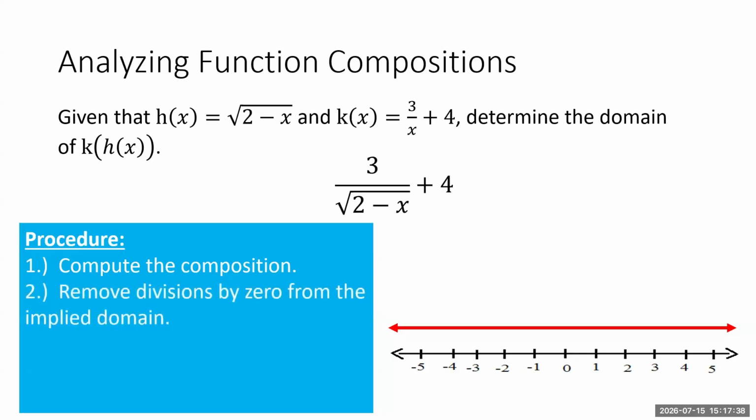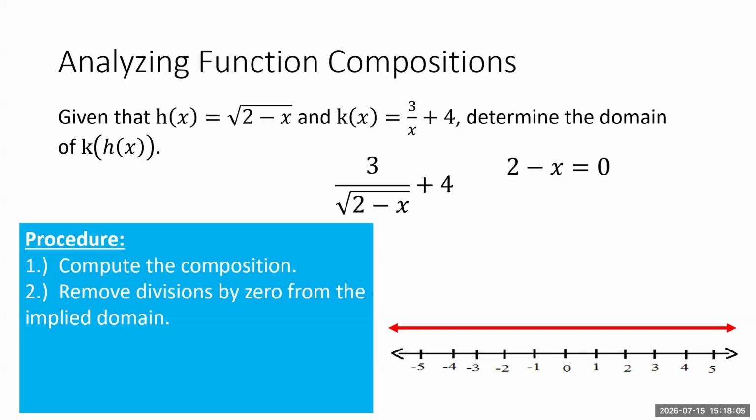Now that we have the composition, we will find its domain. The second step of our procedure is to remove divisions by 0 from the implied domain. In order to do that, we will consider the denominator, and in particular, only the portion under the square root, as the square root does not change the possibility of the 0 in the division. So we are really setting out to solve the equation 2 minus x equals 0 and remove that solution from our implied domain.